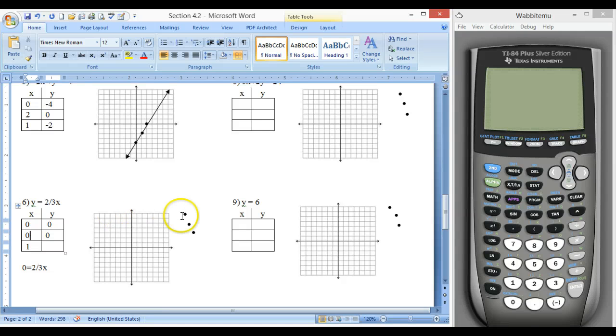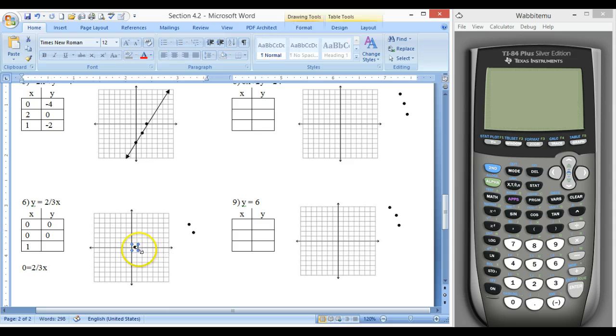That gets confusing because now I have 2 points right here on the origin at 0, 0, and 0, 0, and that means I can't make a line. But that does say that the x and y intercept is 0, and it should match. I shouldn't have gotten 0, 0, and then 0, 1. That doesn't make sense. Okay, so I have to have a third point to make a line.